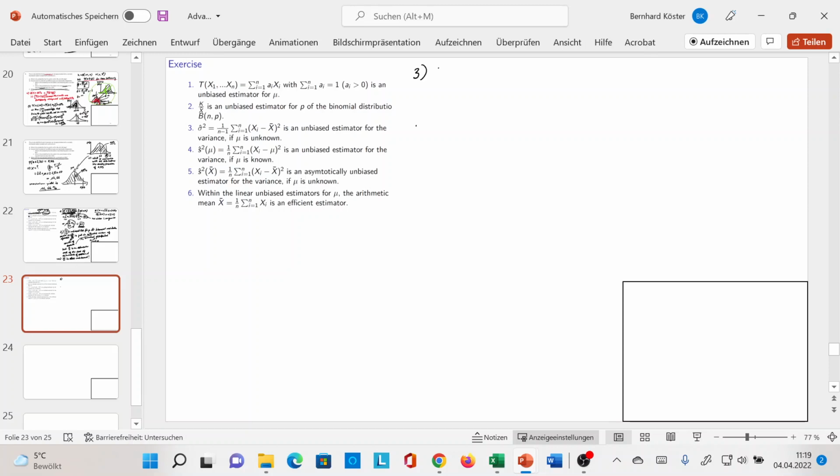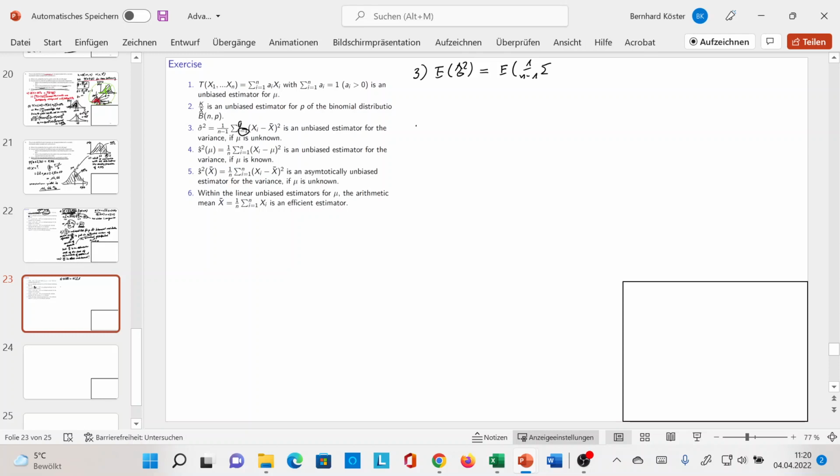So we take the expected value of sigma hat squared, which is the expected value of 1 over n minus 1 times the sum, and now I leave out the limits, i going from 1 to n. I think you know that this always has to be written down here.